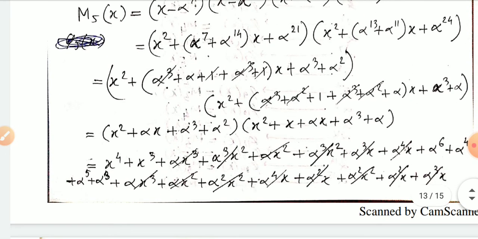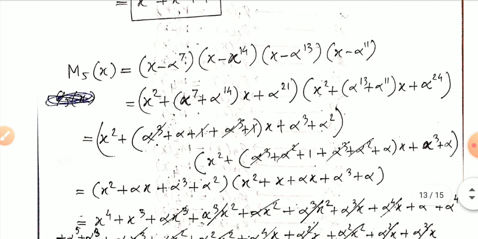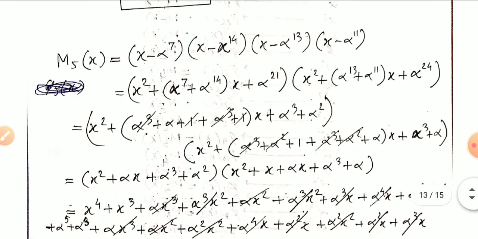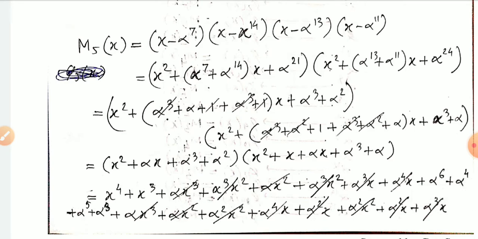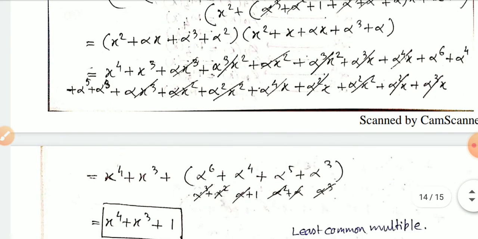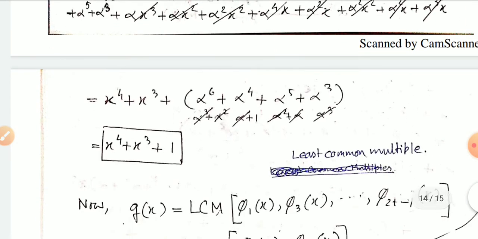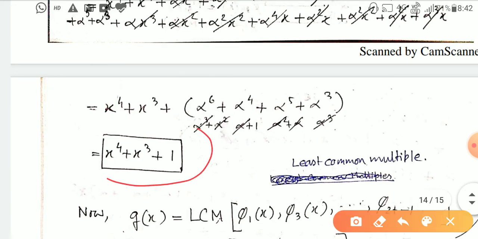In the same way for the M5, you initially consider the conjugacy class elements, then the product between them, and ultimately you do the multiplication process by considering the mod 15 operation and also the mod 2 addition. So in this case, the element will become this.